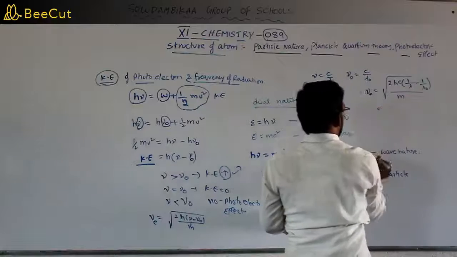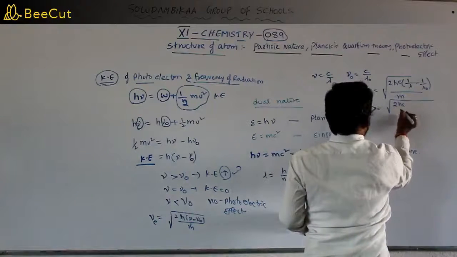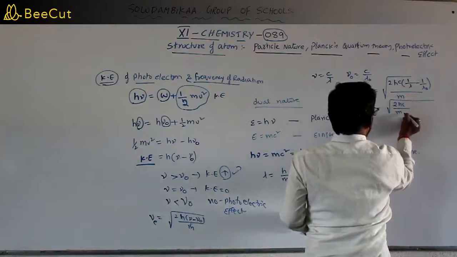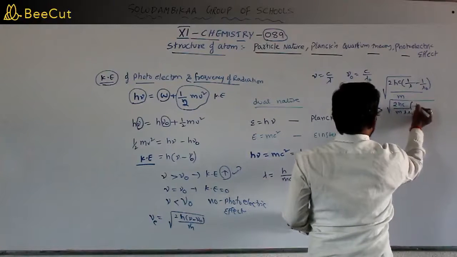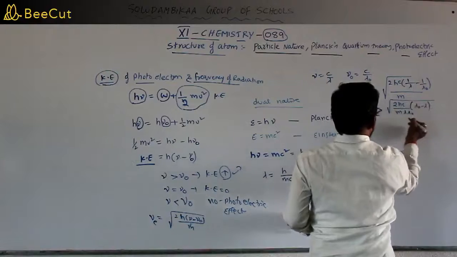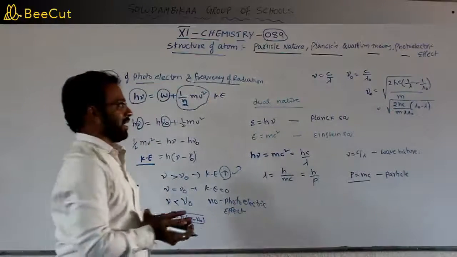Or we can also write it as square root of 2hc by m into lambda naught minus lambda by lambda into lambda naught. This is also a formula we can write.